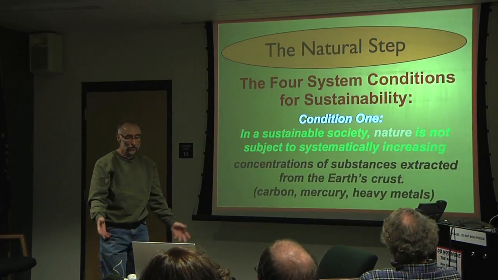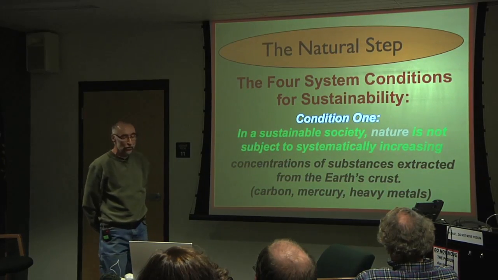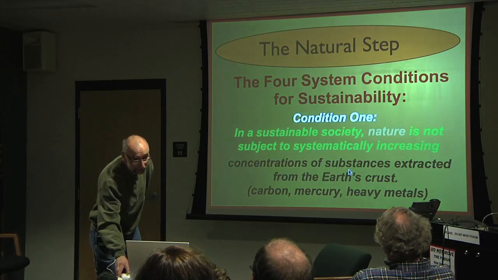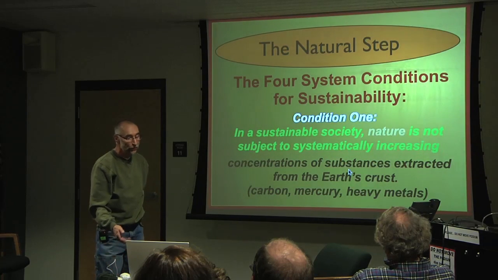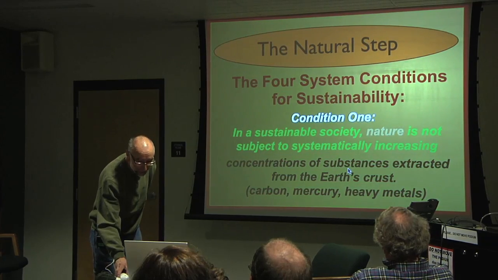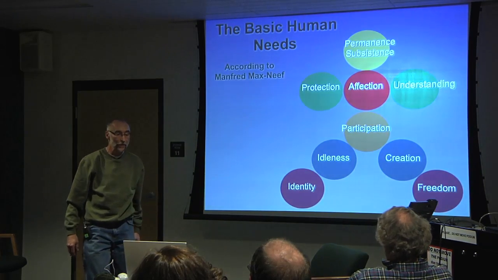And the four systems conditions that the Natural Step is based upon. This is systems condition 1, and we all know this, so I'm going to continue right on through. But for those that aren't familiar with the Natural Step, we don't have time to cover it tonight, but it's a very good framework for understanding social and ecological sustainability.